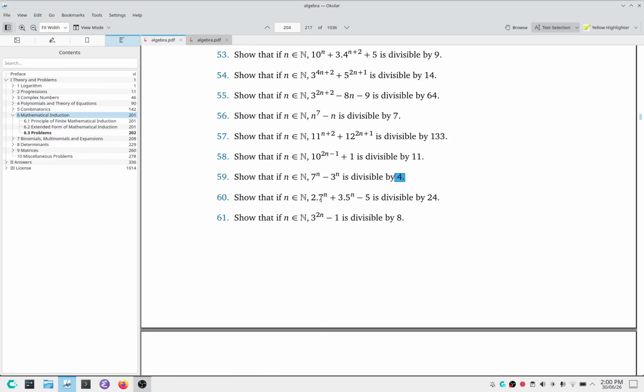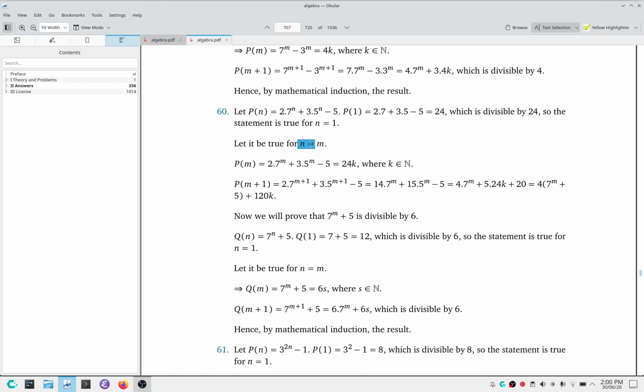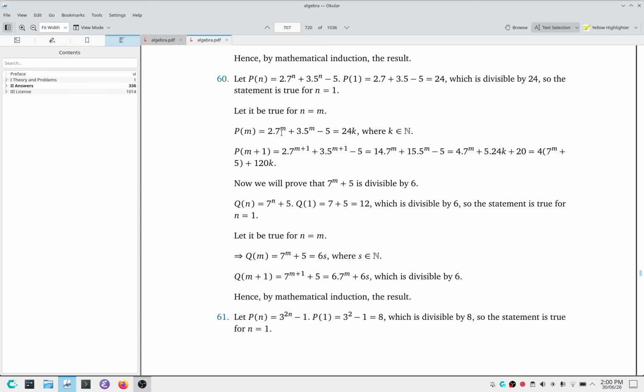For question 60, the expression is 2 times 7 to the power n plus 3 times 5 to the power n minus 5, and divisibility is by 24. We put n equal to 1, we get 24, which is divisible by 24. Now we put n equal to m, we have 2 times 7 to the power m plus 3 times 5 to the power m minus 5 equal to 24k.